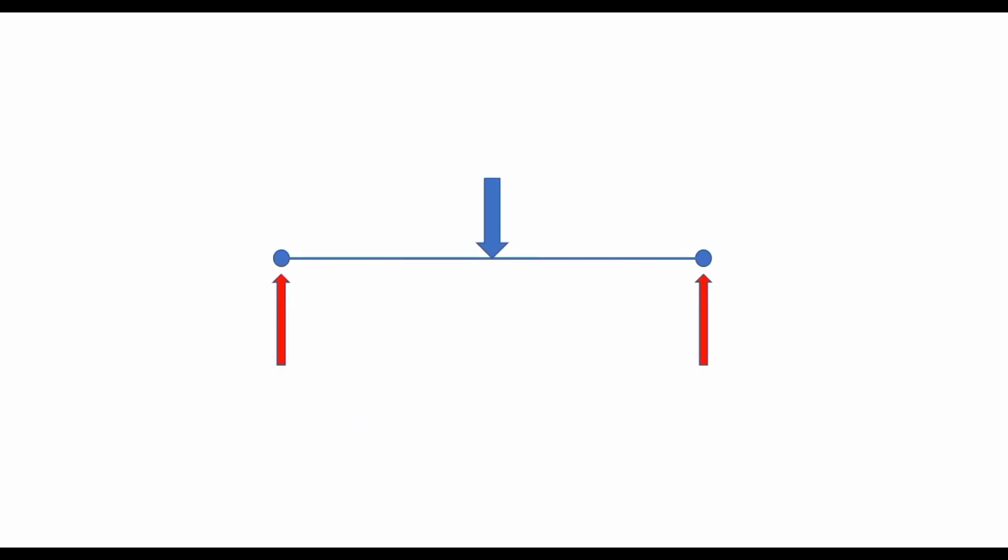Now let us consider that we restrain the vertical motion of node B in addition to restraining the vertical motion of node A. Now the beam stabilizes against the vertically applied load. But is it really a stable system? Well, let us see. What this really transforms into is a system with roller supports at both the nodes.